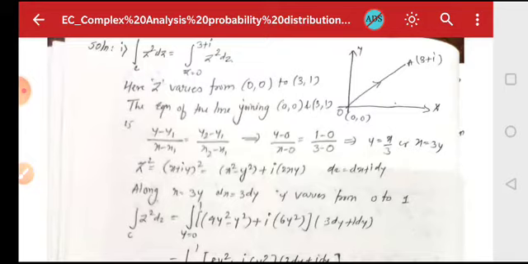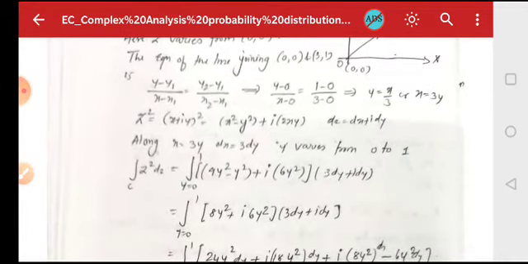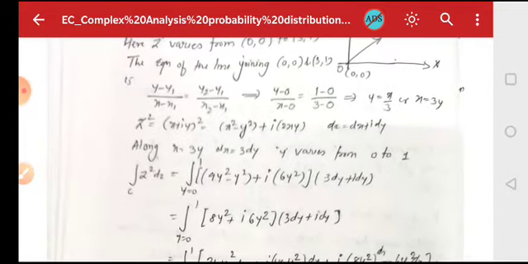Now along x equals 3y, dx will be 3 dy, and y varies from 0 to 1. So the integral over C of z square dz is the integral from y equals 0 to 1 of x square minus y square, where x is replaced by 3y, so 9y square minus y square, plus I into 2xy, which becomes 6y square, into dx plus I dy, that becomes 3 dy plus I dy.